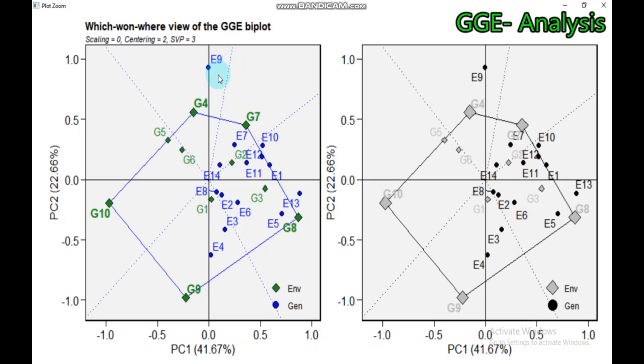In case there is E10 or E12, this genotype would be the best in those 3 environments. But as you see here, the highest yielding genotype is found in environment 9. So by this way you can discuss which one where using the type 3 method.